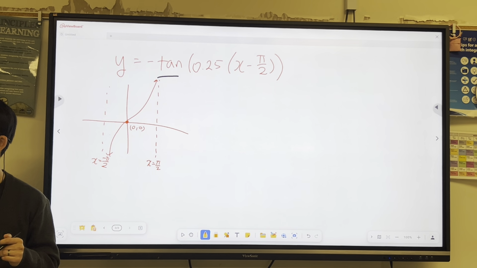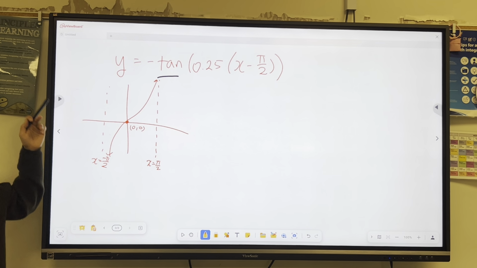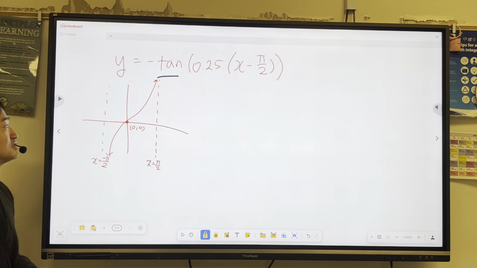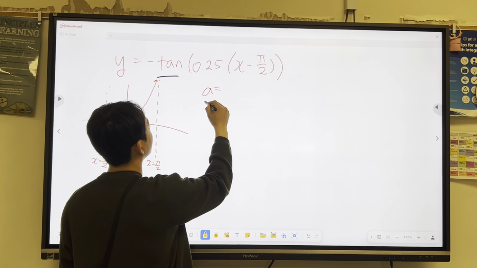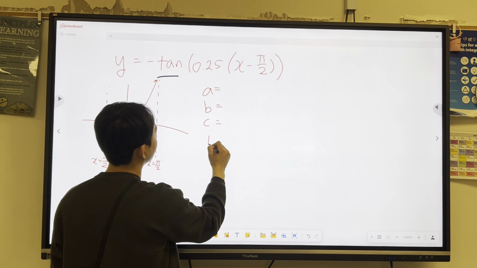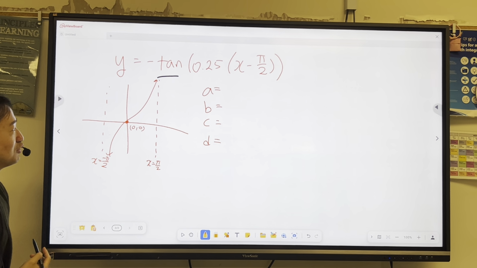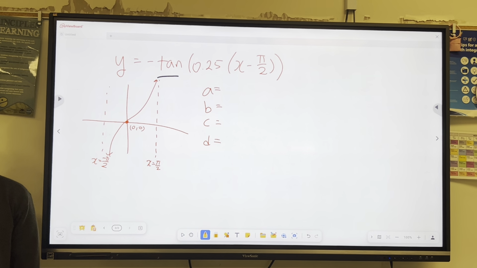The next step, my third step, after I identify the core and sketch the core, is to write down the parameters. A, B, C, and D. I'll give you 10 seconds to do that.